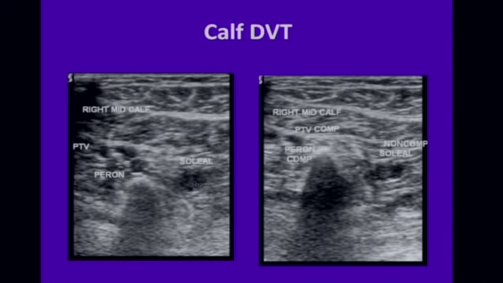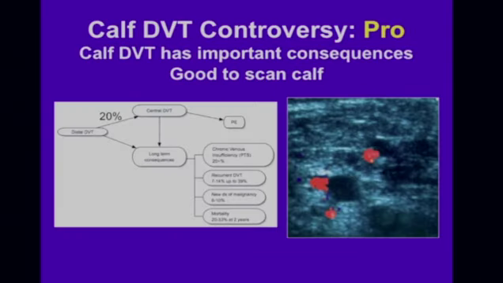With compression, the posterior tibial is compressible, the peroneal is compressible, but the soleal vein stays non-compressed, and therefore it is an acute calf DVT in the muscular calf vein.